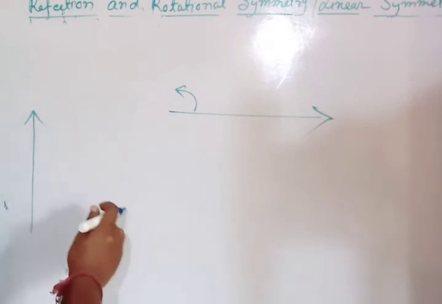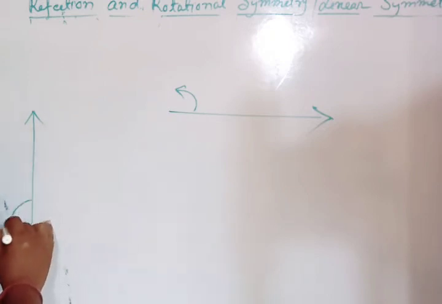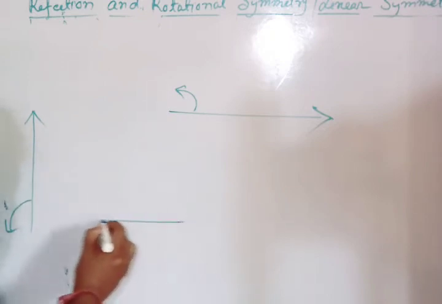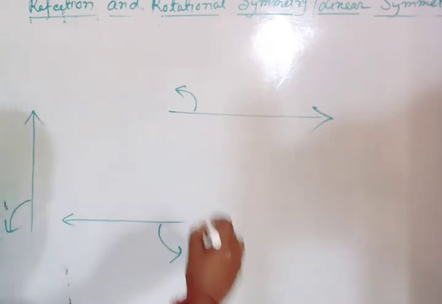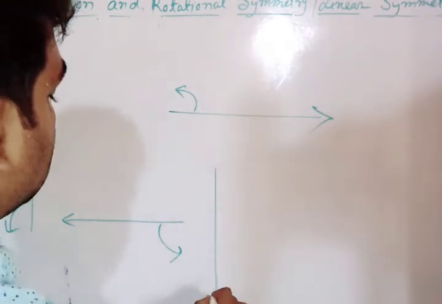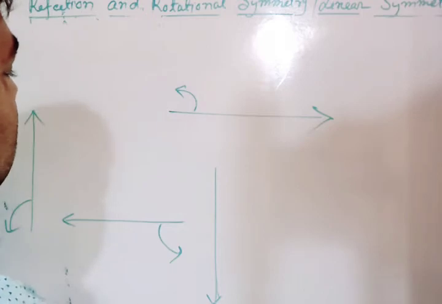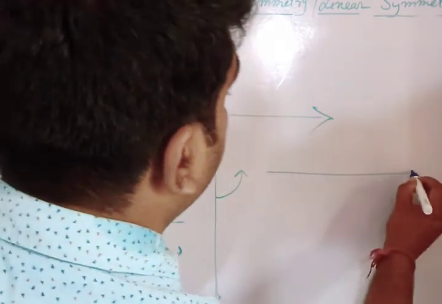Okay, for the second rotation, again it is rotating 90 degrees, we are getting this figure. For the third rotation we are getting this figure, and for the fourth rotation we are getting again this figure.